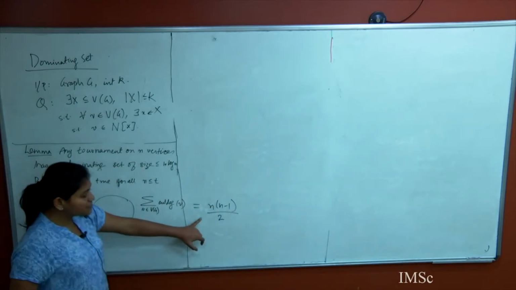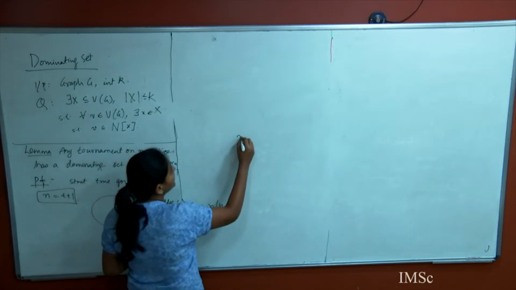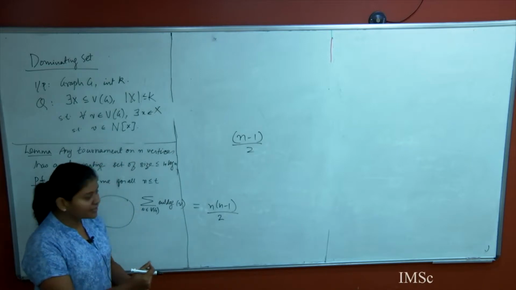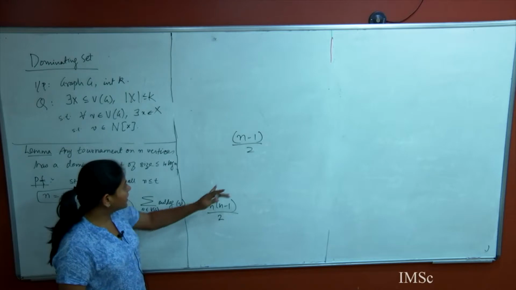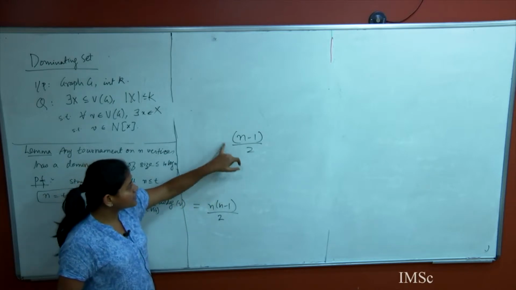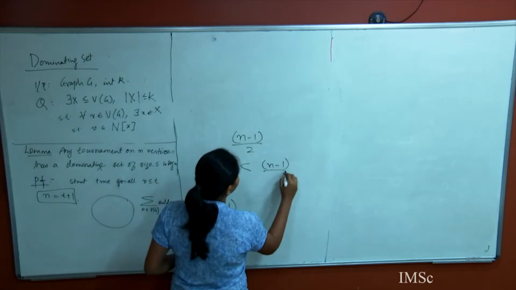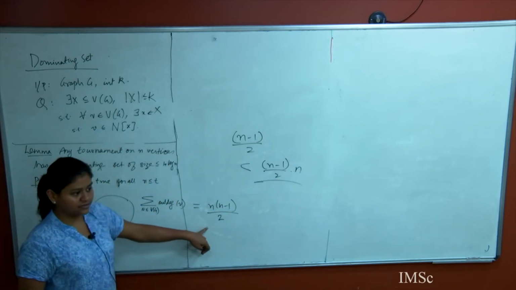There must be a vertex which has out degree at least n minus 1 by 2 by the pigeonhole principle, because if every vertex has out degree strictly less than this much, then the total would be strictly less than n minus 1 by 2 into n, which contradicts this statement.